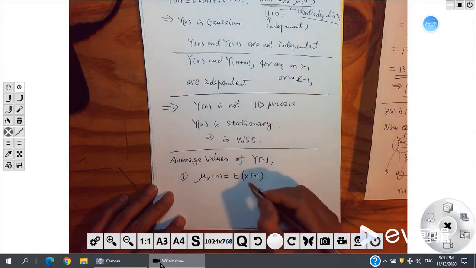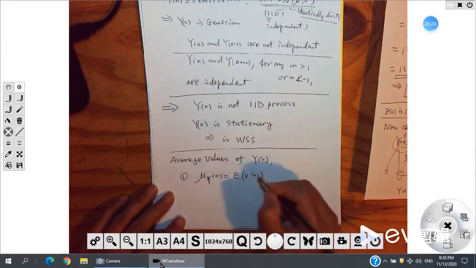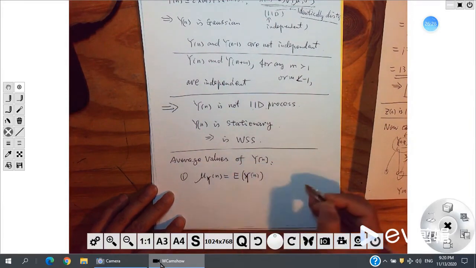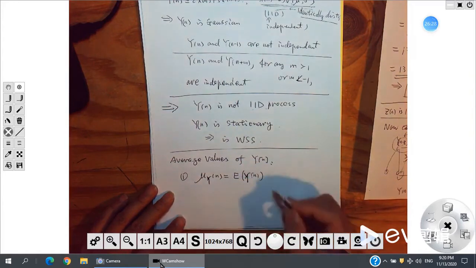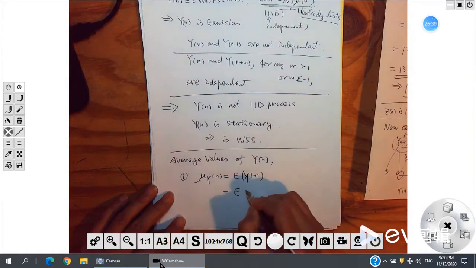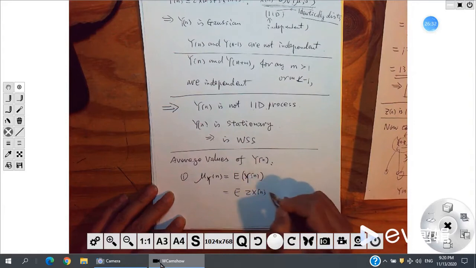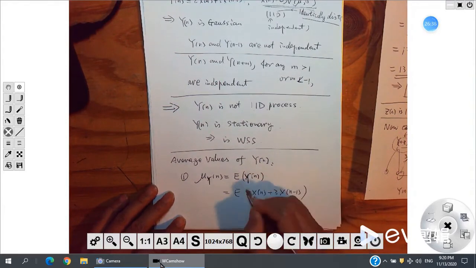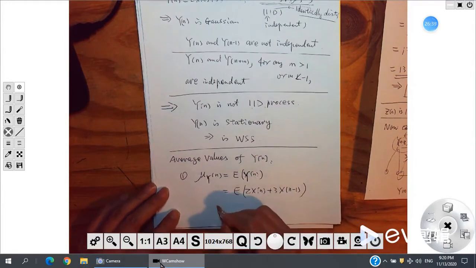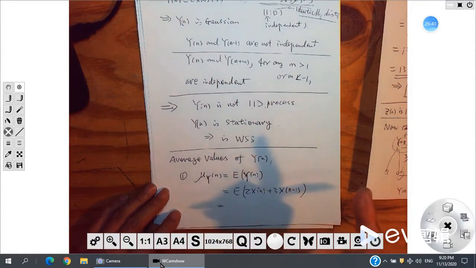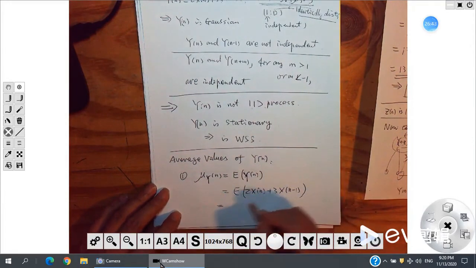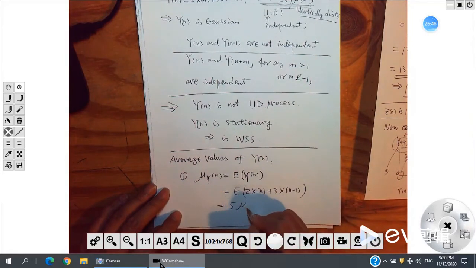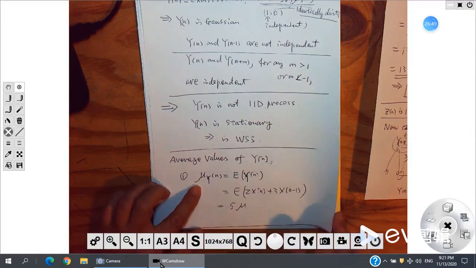But, oh no, sorry, I want to find y. We know y is a summation of 2 of x of n plus 3 of x of n minus 1. Then I separate it. Similar to the previous calculation, we will have 5 of mu. This should be 5 of mu. Okay, this is the mean of it.